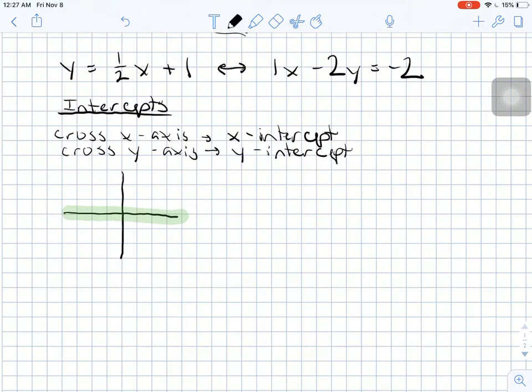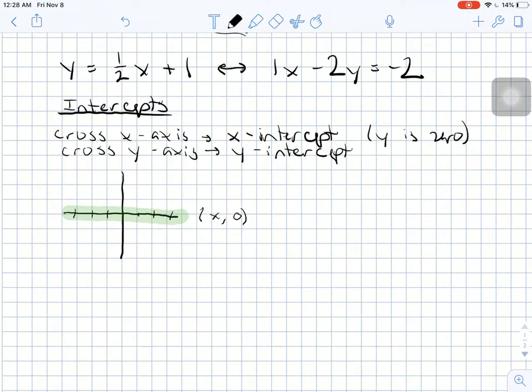In order for an ordered pair to be on that line, it'll have an x-coordinate, whatever that x-coordinate is, 1 or 2 or 3 or -1 or -2 or -3, but the y-coordinate has to be 0 in order for anything to be on the x-axis. So basically, we're going side to side, but we're not going up and down to leave the x-axis. So the x-intercept, or the place where a line meets the x-axis, will always have a y-coordinate of 0.